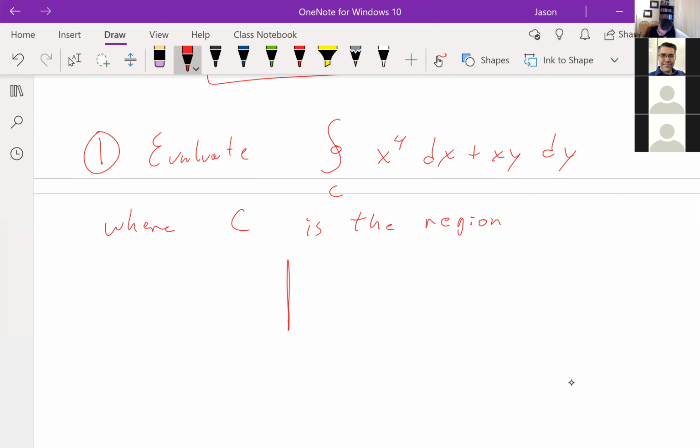C is this region here. These points are 0,0, 0,1, and 1,1. So C is this line integral that's positively oriented. It starts at 0,0 and goes around the figure.